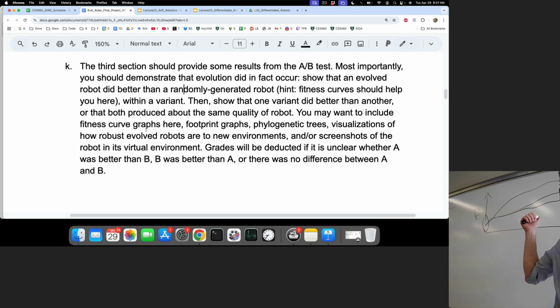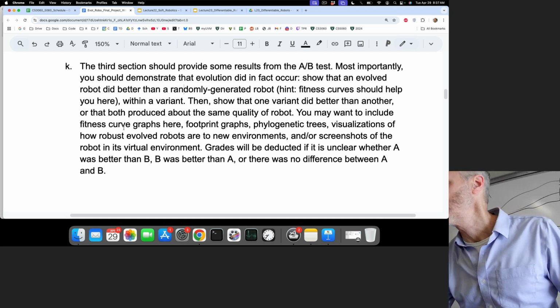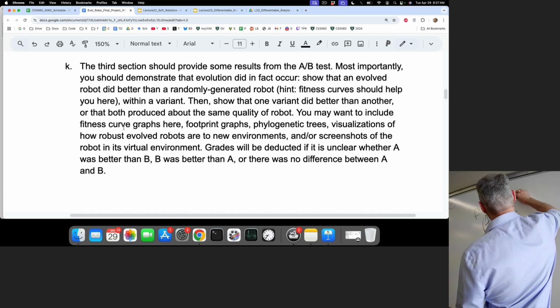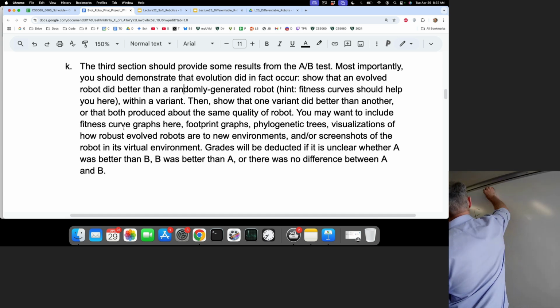I mentioned already, fitness curves are probably a good idea here. There's lots of other ways you can visualize for yourself and for us whether or not evolution occurred, and whether it did, what kind of evolved solutions did you get? You can include screenshots from the physics engine itself, but that doesn't communicate very much.